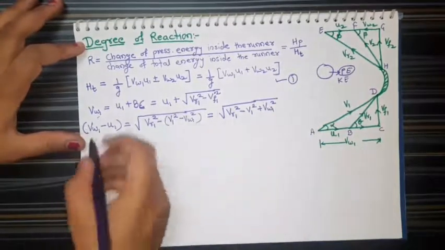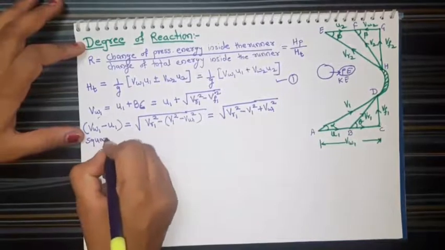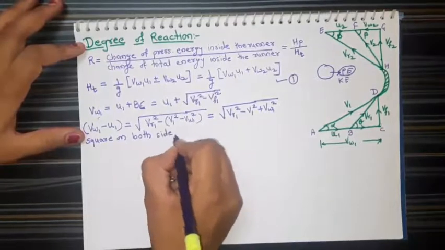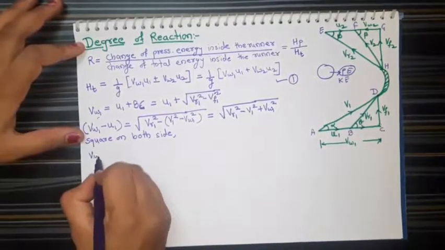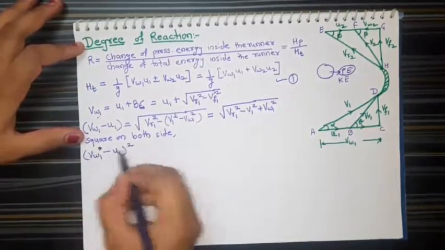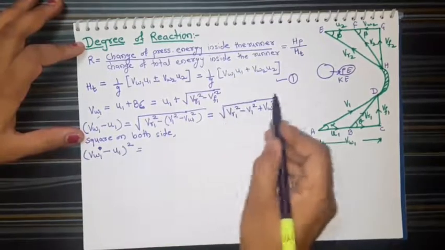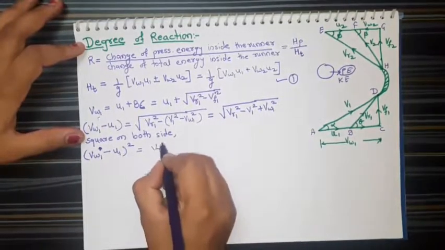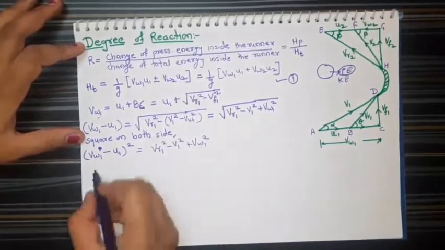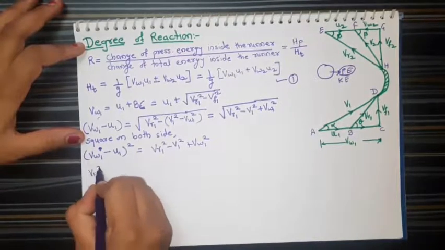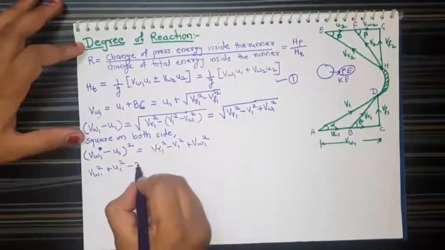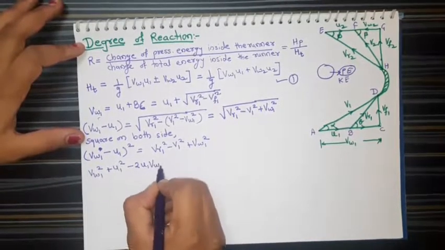Now let's take the square on both sides. So it will be (VW1 minus U1) whole square equal to, the square root will get cancelled, VR1 square minus V1 square plus VW1 square. Let's expand the left side: VW1 square plus U1 square minus twice U1 VW1.